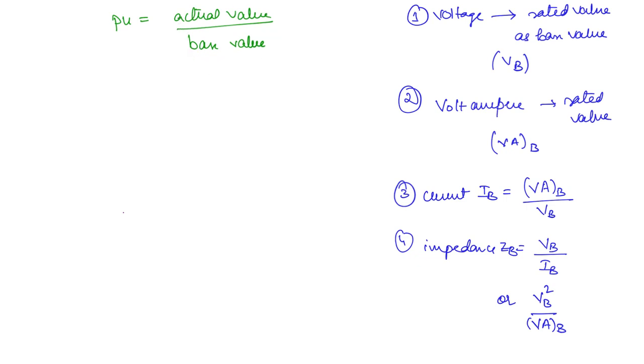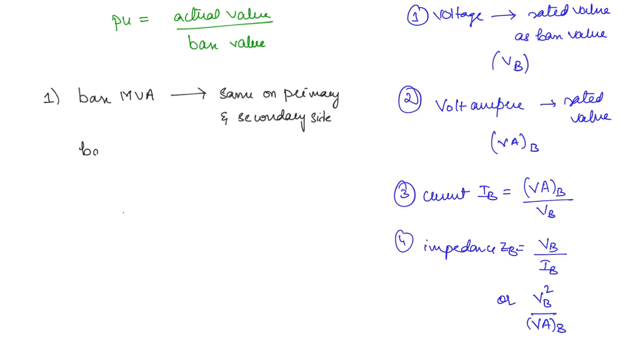Now when it comes to the transformer, 2 points we have to remember. The first one is the base value of MVA. The base MVA is going to be same on primary as well as secondary side. So there is no issue here. But when it comes to the base voltage, here it is going to be different.